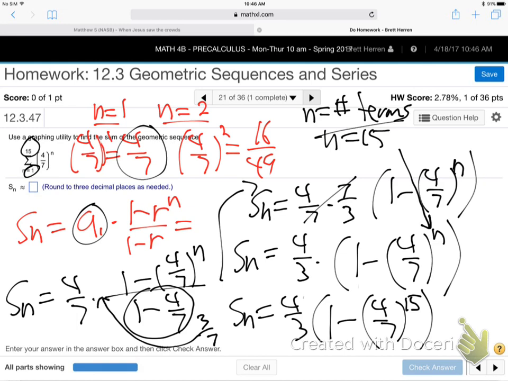Hit the buttons on your calculator for that, and you should get an answer. Somebody got it rounded to 3 decimal places? Yeah, 1.333? Anybody else getting that? Okay. That must be it.